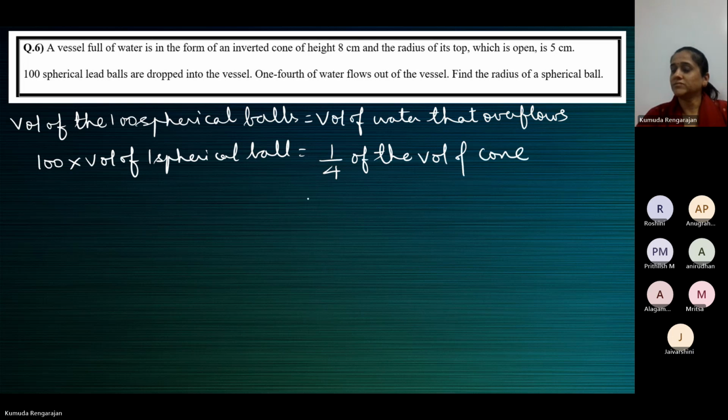Correct? 1/4 of the water flows out of the vessel, so 1/4 of the volume of the cone. What is the volume of the water in the cone? It is equal to the volume of the cone, because the cone is full of water.